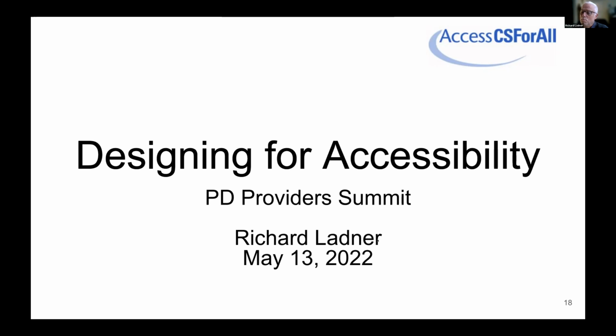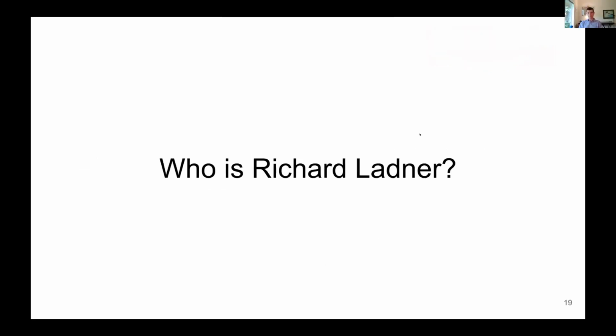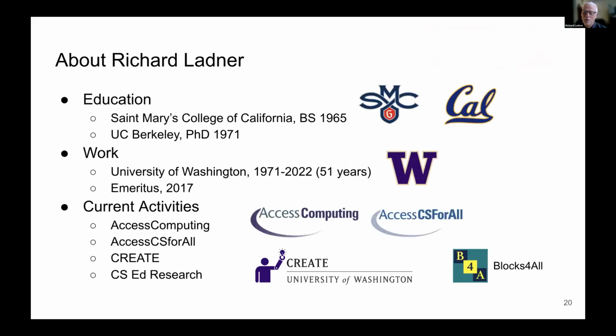That'd be okay. Yeah, so I thought I'd start with just who am I? I looked through the list of names and I only knew a few people. So next slide. This is kind of a summary of myself. Since college, I went to a small college in California, St. Mary's College, and then I went to UC Berkeley, got a PhD in mathematics there, and immediately moved to computer science because my dissertation was in computing, and there were very few computer science departments in 1971.